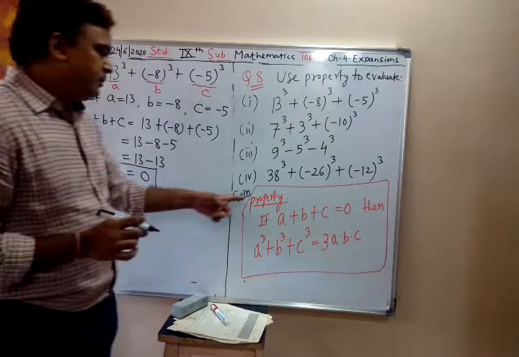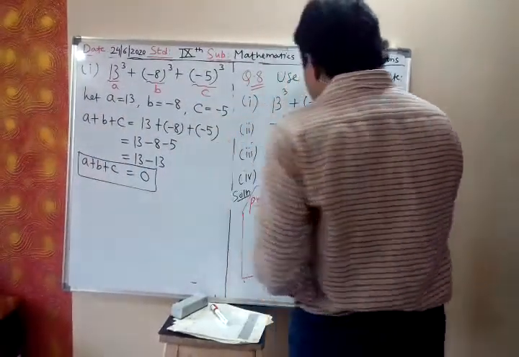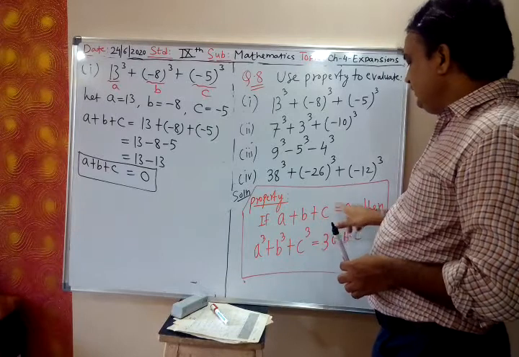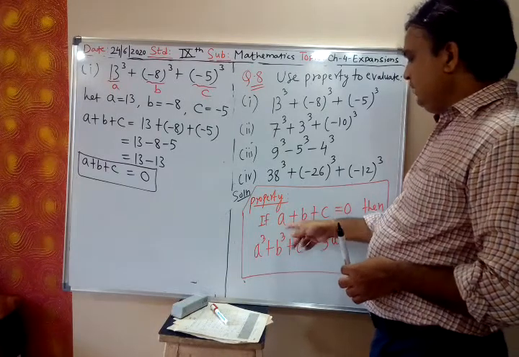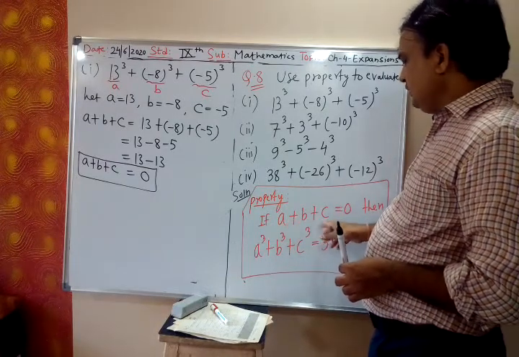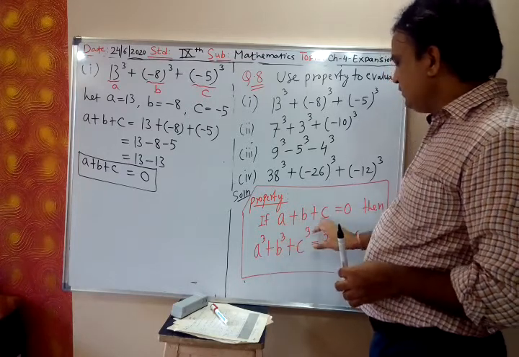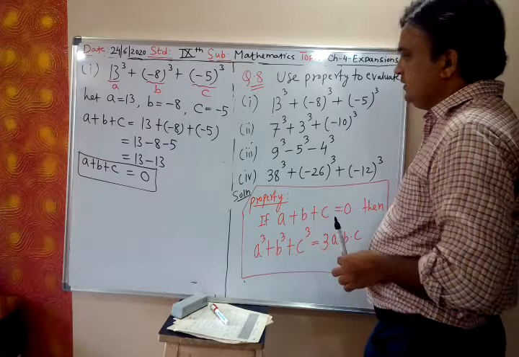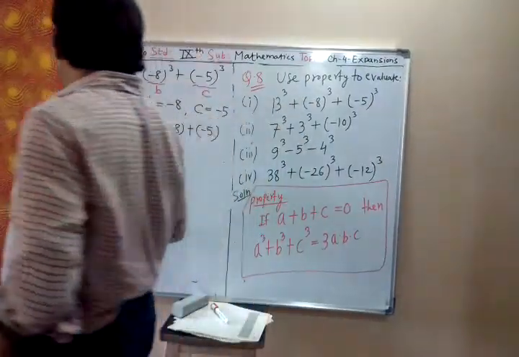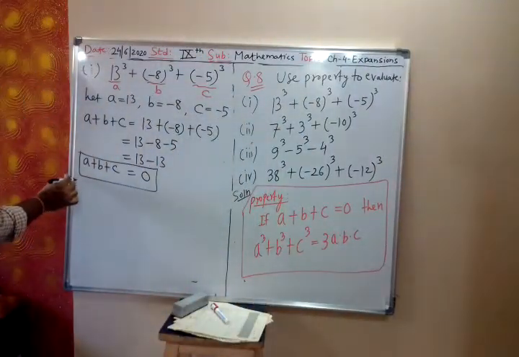So what the property says: if A plus B plus C is 0, then the cube of A plus the cube of B plus the cube of C is 3abc. So I will use this property.